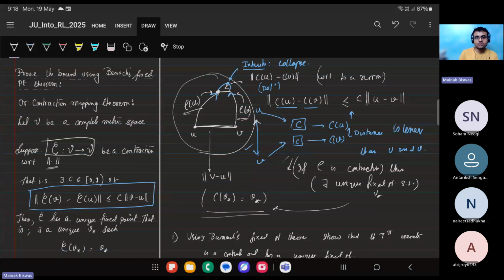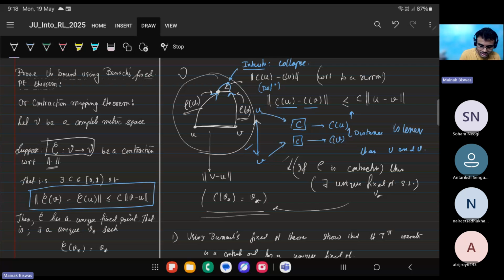So now I'm telling you, take any two vectors in this vector space. Use the same contraction operator on them. This is clear? Yes, that's clear. Now what it says is, as you use this contraction operator on these two vectors, they will come closer to one another.